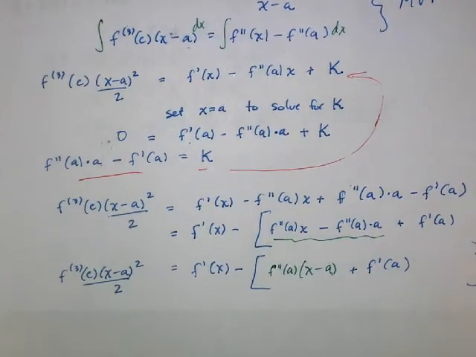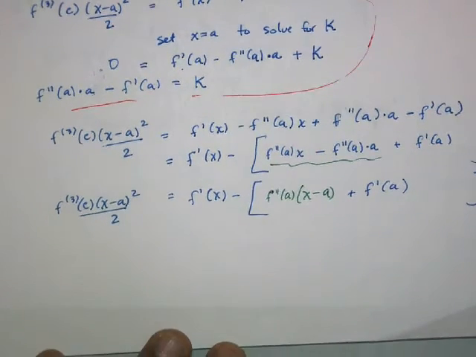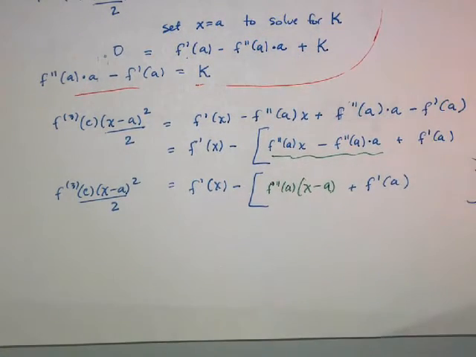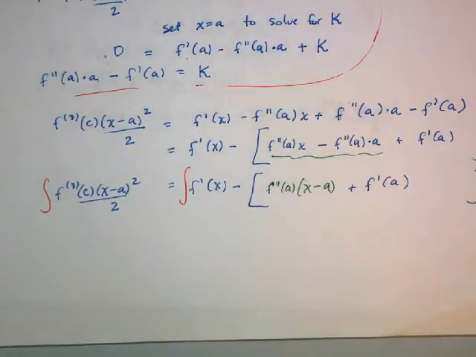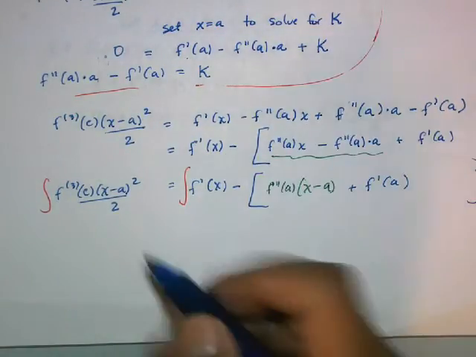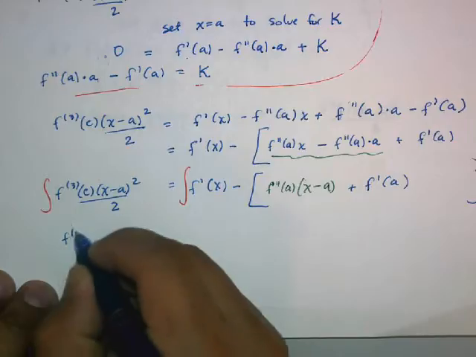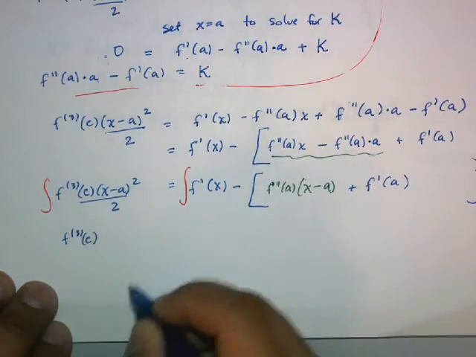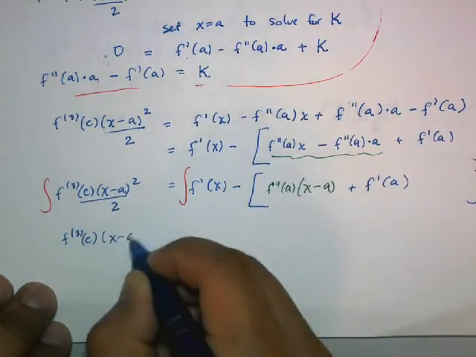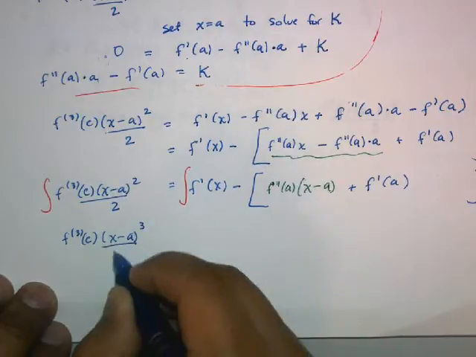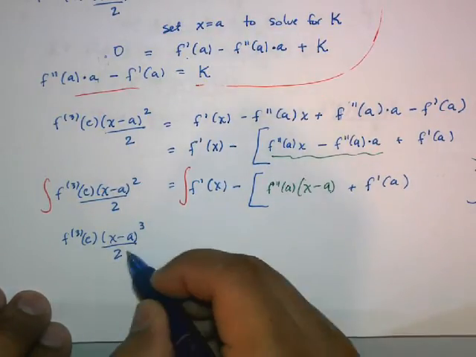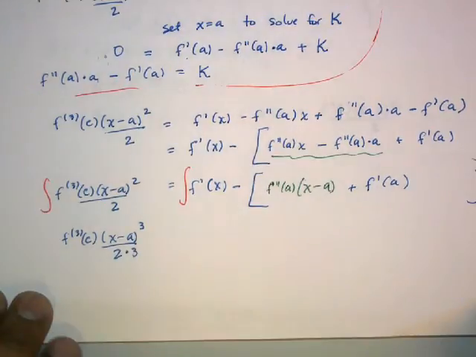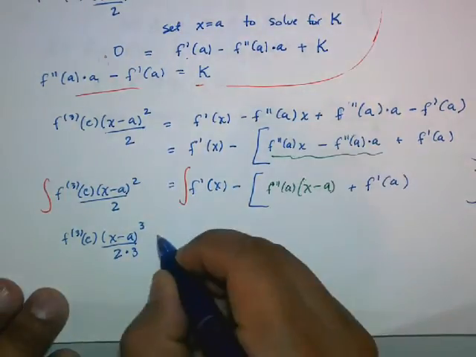We want to get f of x in here somehow because we want to show the difference between f of x and its kth degree polynomial. So we take the antiderivative yet one more time. So the antiderivative of what's on the left here is the third derivative at c, because that's a constant, times x minus a to the third power. I still get this 2 here. And then in order to adjust for this third power, I have to multiply by a third. Okay?